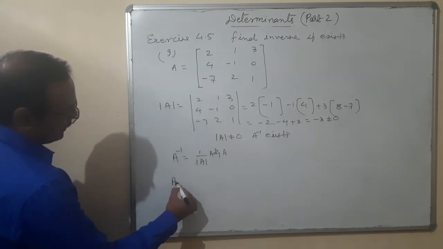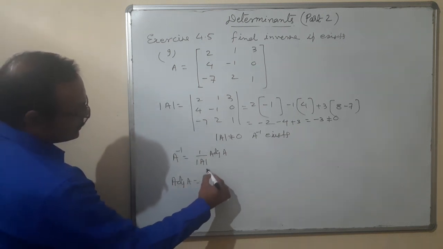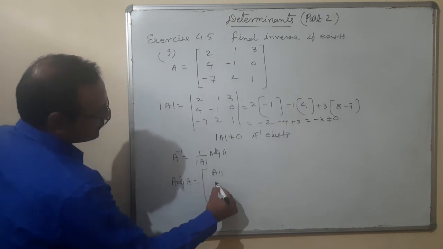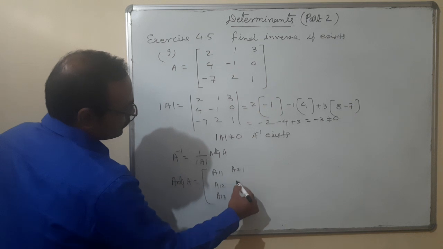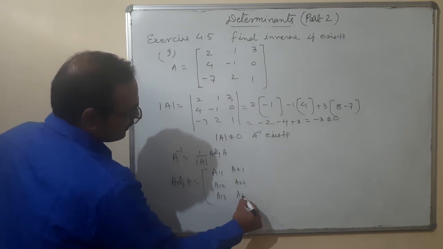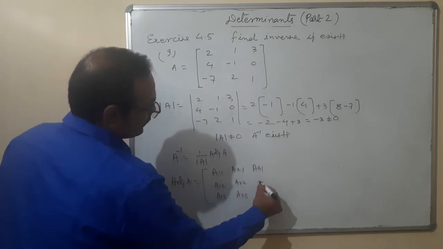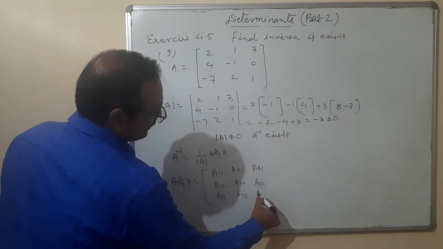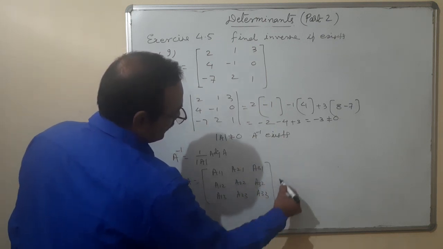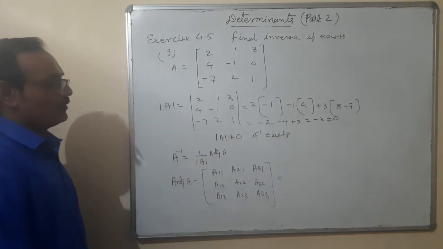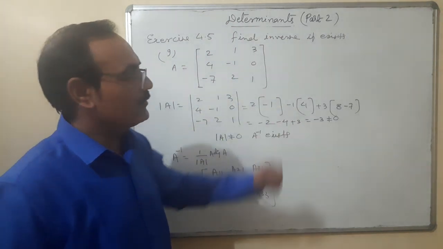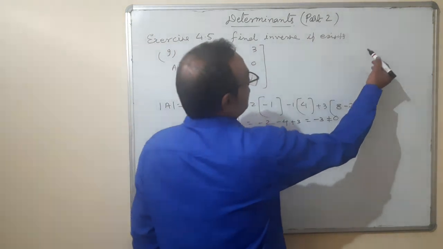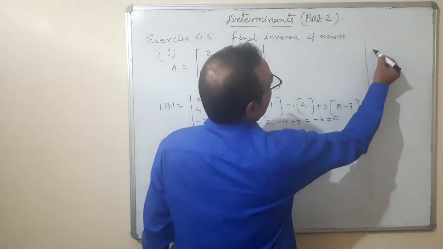Adjoint of A is A11, 12, 13, 21, 22, 23, 31, 32 and 33. For finding the adjoint of A, we are finding the values of A11, 12, 13.